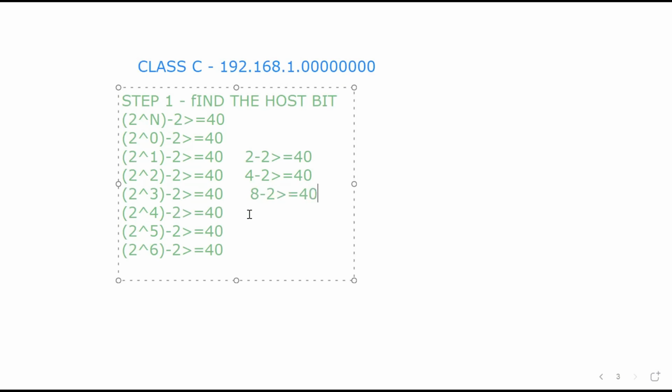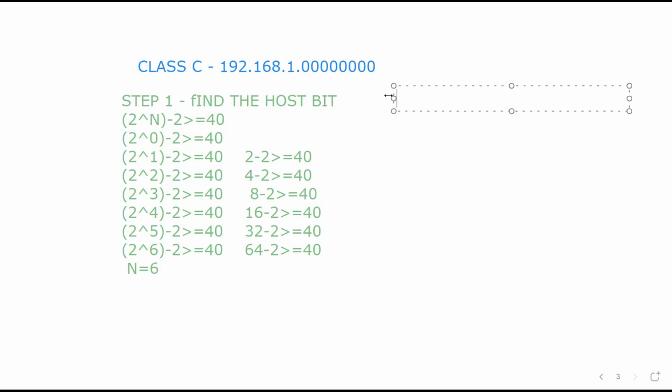No. 16 minus 2? No. 32 minus 2? No. 64 minus 2 is greater than or equal to 40? Yes. So what's the value of our n? n is equal to 6, right?